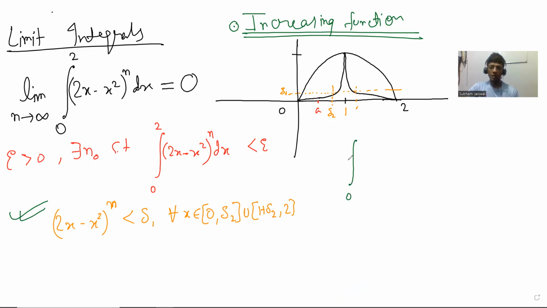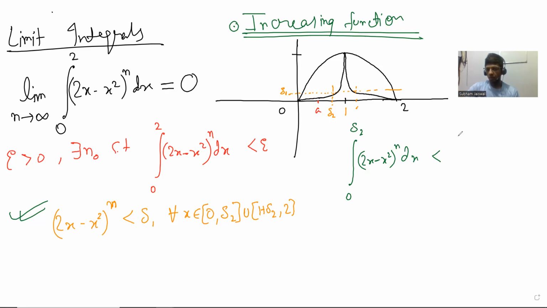But between 0 and delta 2. Right. Okay. So between 0 and delta 2, our function is taken care of. It's completely taken care of. So I'm just forgetting 1 to 2 because this situation is symmetric. We forget that.